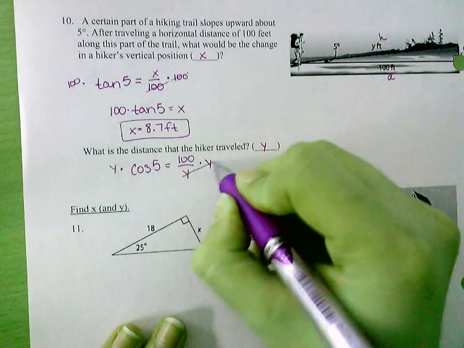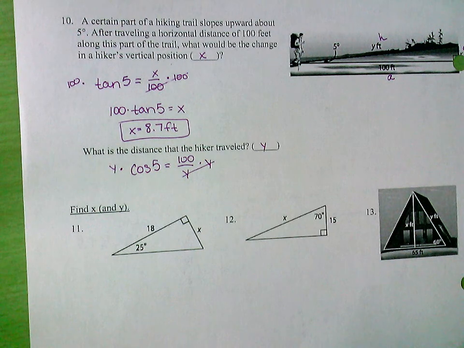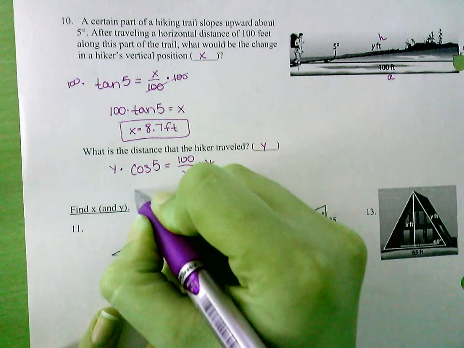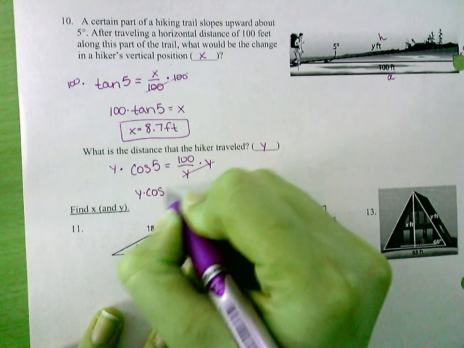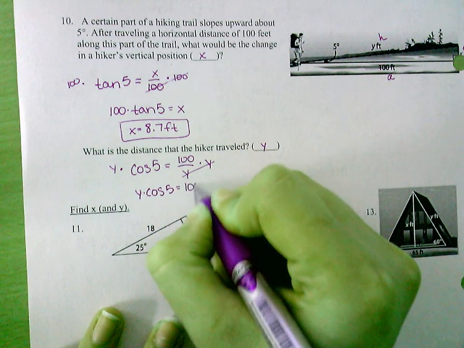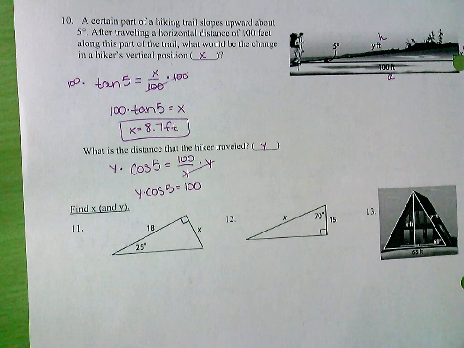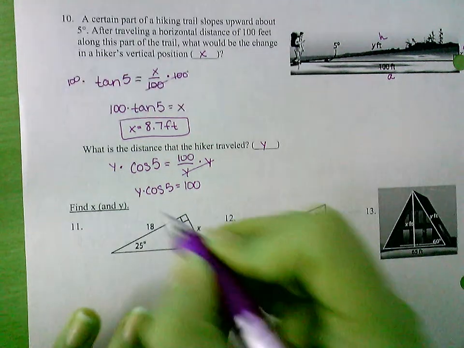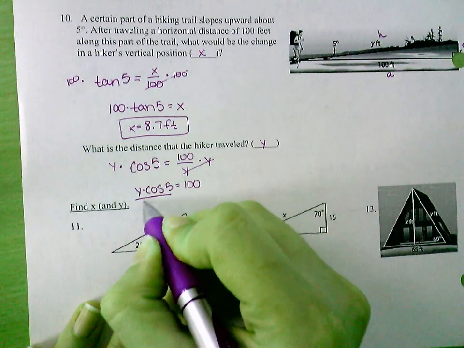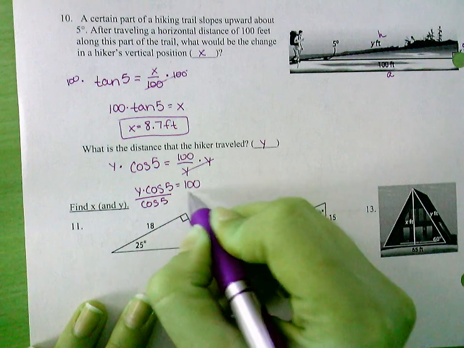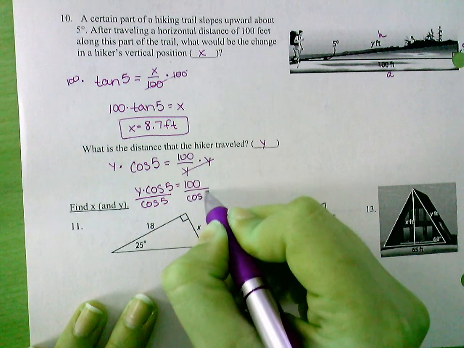They cancel on the right-hand side because you don't want it in the denominator anymore. So you have y times the cosine of 5 equals 100. Now I still want y by itself, so I'm going to divide both sides by cosine of 5.